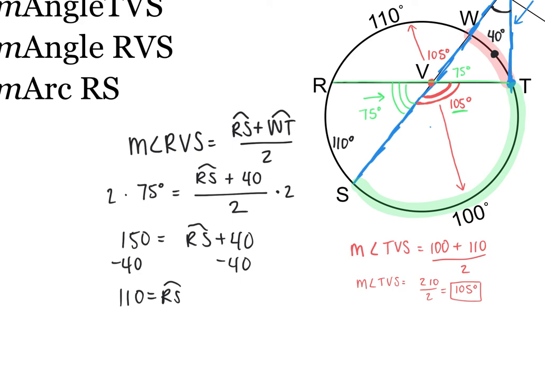You could have done 360 minus 110 minus 100 minus 40, and you would have also gotten 110 degrees. Because this is the only section we didn't know from our circle, you can always do 360 and then minus the other parts of the circle.